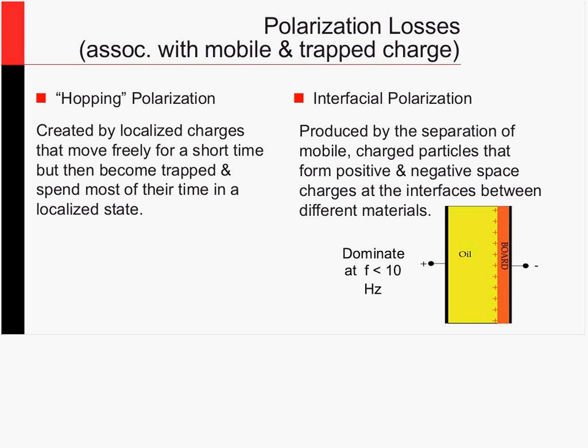So it's that frequency at which the process has just enough time to take place, and then the applied polarity changes and the process starts all over again. So if there's never a resting phase to the process, that would be its resonance frequency. I just give you that because I want you to bear in mind that when we measure dielectric loss, for example, a power factor measurement, polarization losses are part of what we measure in addition to conduction and conductivity.